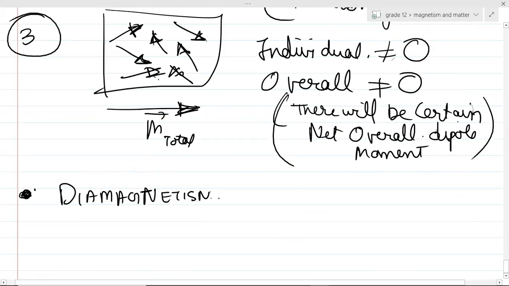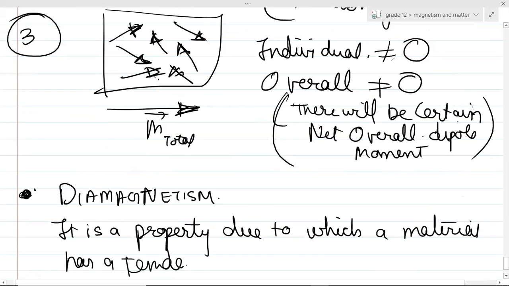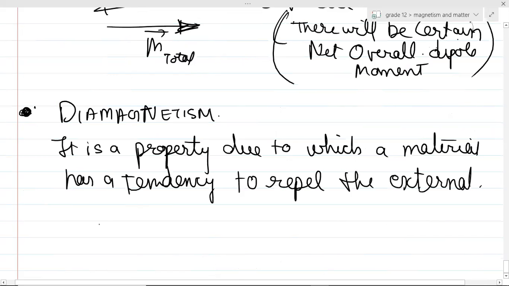Please write: it is a property due to which a material has a tendency to repel the external magnetic field in which it is placed.